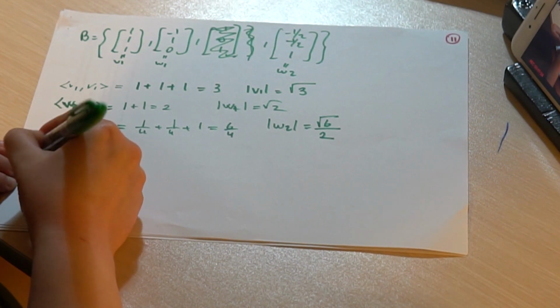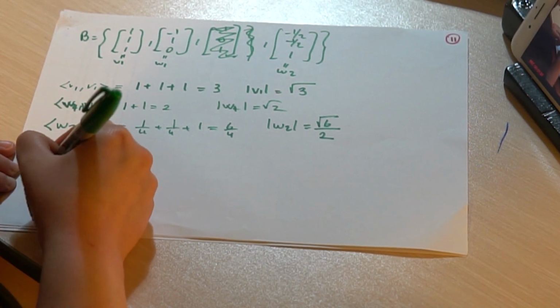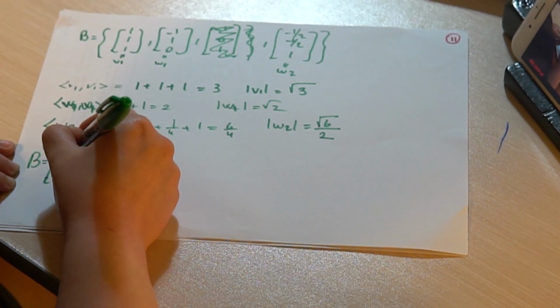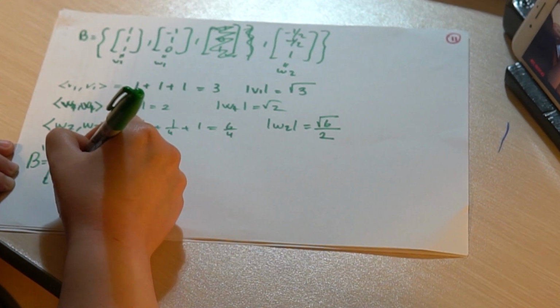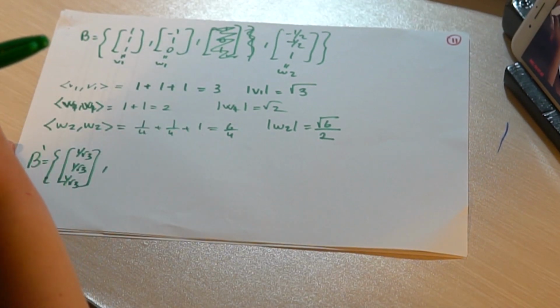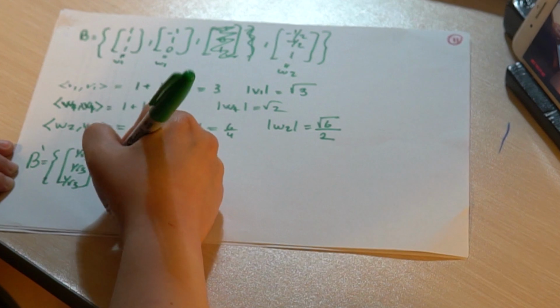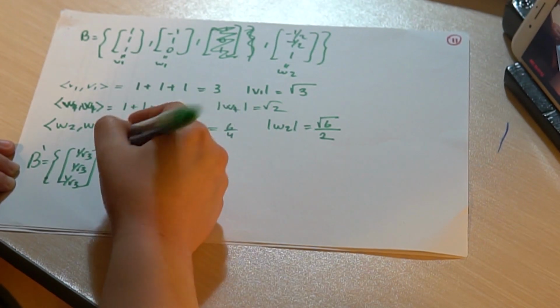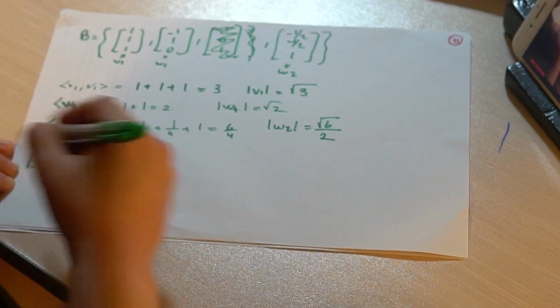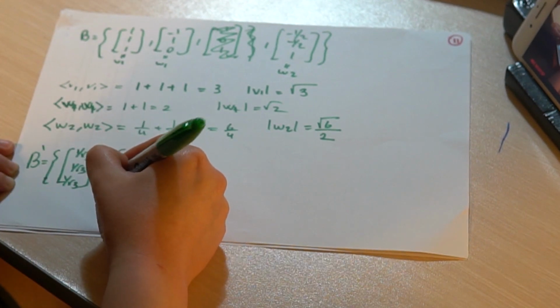So the new orthonormal basis will be 1 over square root of 3, 1 over square root of 3, 1 over square root of 3. And the second one will be minus 1 over square root of 2, minus 1 over square root of 2, 0.